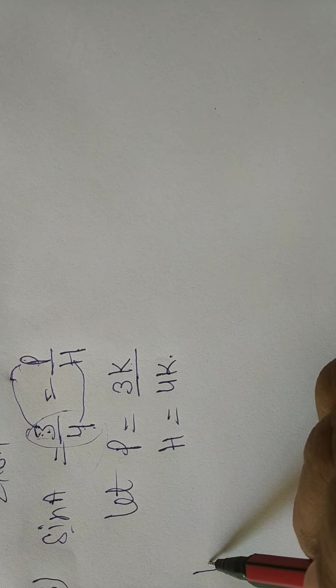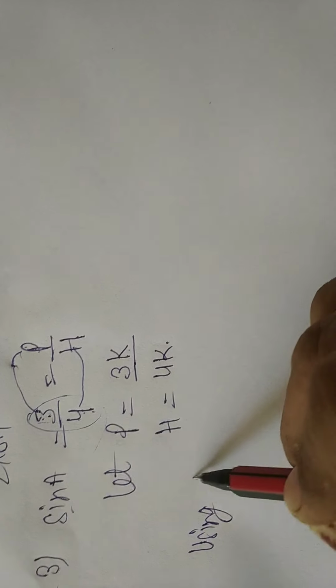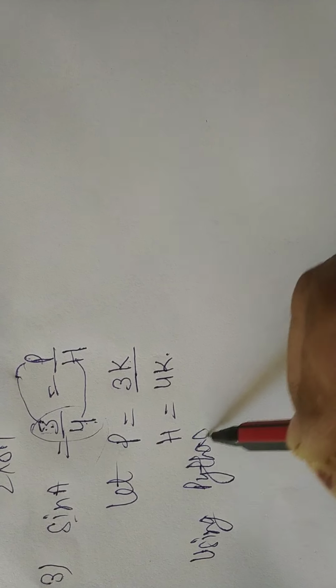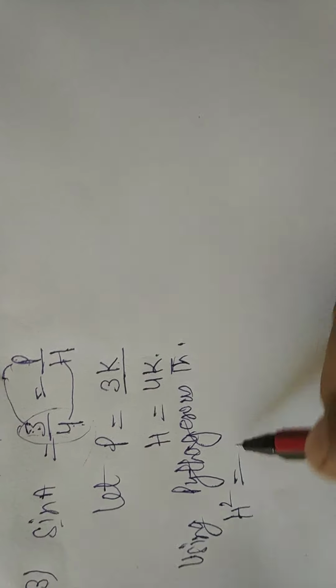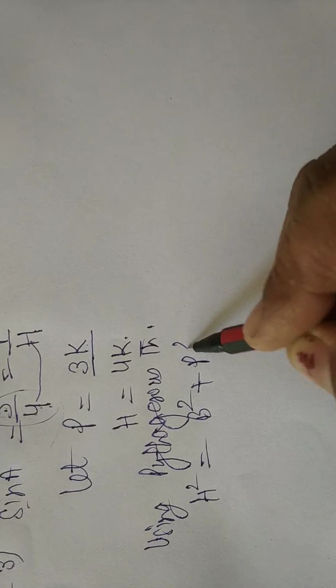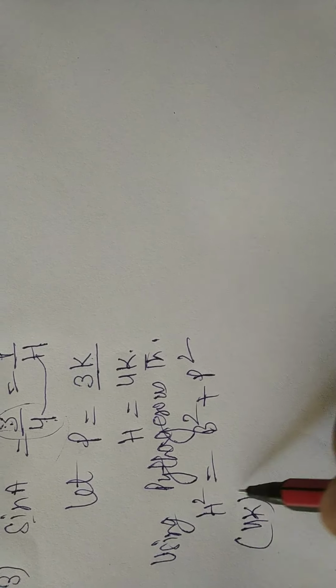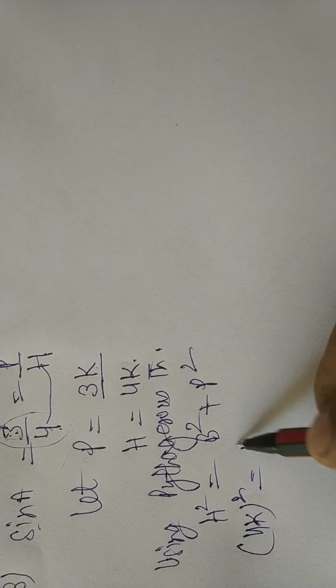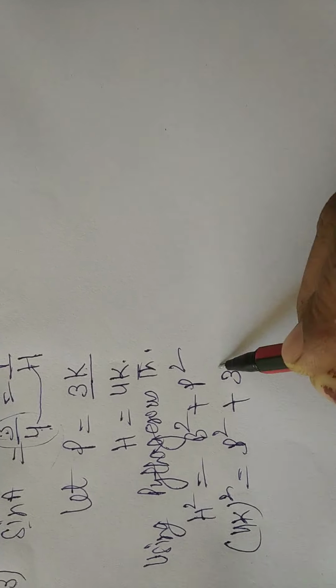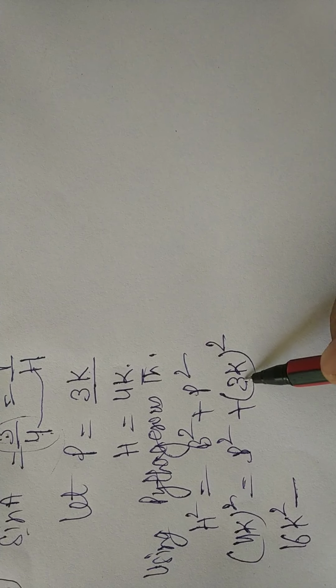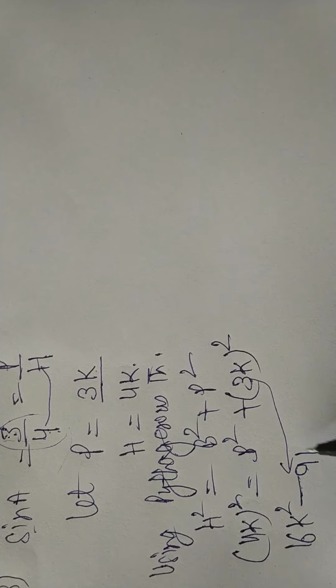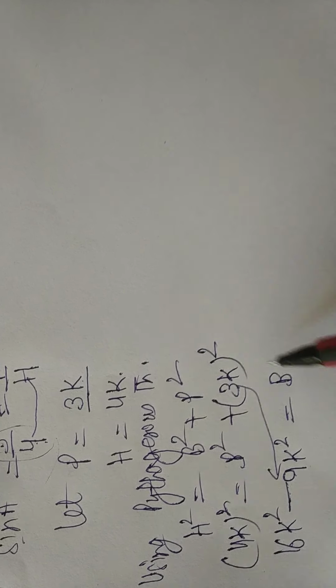Now by using Pythagoras theorem, H square is equal to B square plus P square. So 4K whole square. Now base I don't have, but P I have, 3K whole square. So this is 16K square. So this 9K square will come to this side and it will become minus 9K square, and B square.